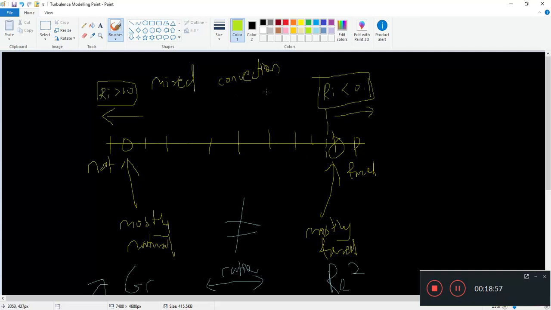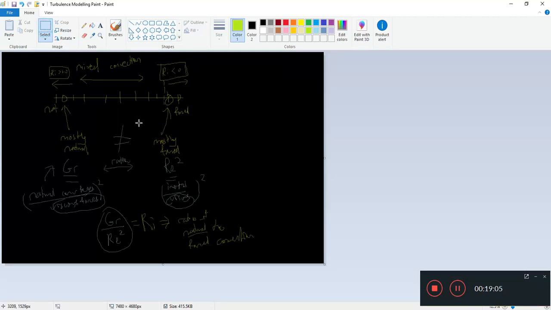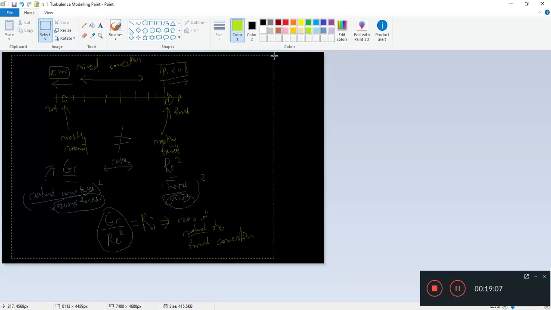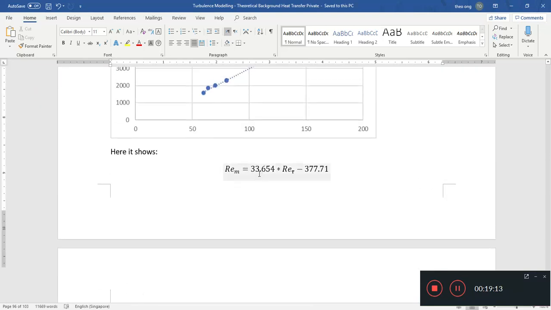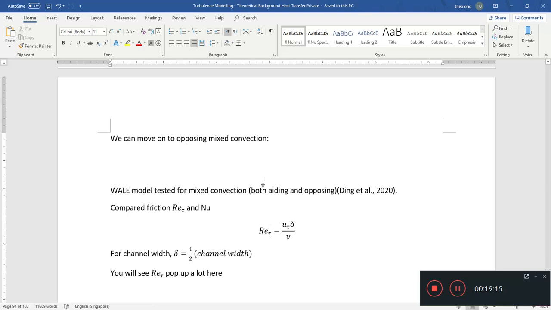We'll see that in a while. And of course in between, you cannot neglect either bit. So this is the Richardson number. I just want to either refresh your memory or introduce it to you here. It's a very important number.